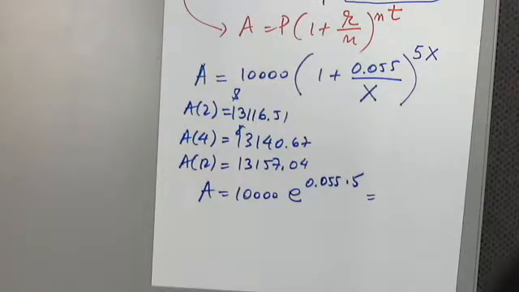So get out of there with second and quit. We don't need a table anymore. So we want 10,000, and then e, here's e, second and this key, ln, and in parentheses, 0.055 multiplied by 5, and close the parenthesis.